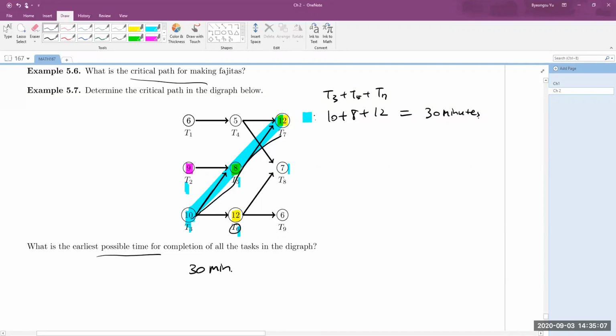Because you need to complete T3, T5, and T7, and it takes some time to do that, right? Okay. Do you have any question on this? Or any other question?